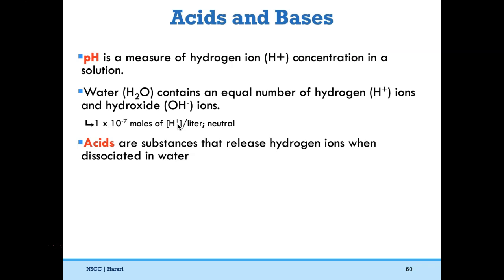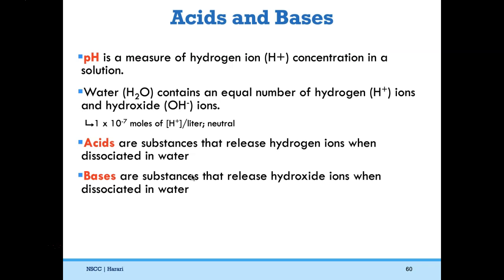Acids are substances that release more hydrogen ions when they dissociate in water. So if you add an acid to water, the number of H+ is going to go up. You're going to have more H+. Bases are substances that release OH- when dissociated in water, and those OH- absorb H+.